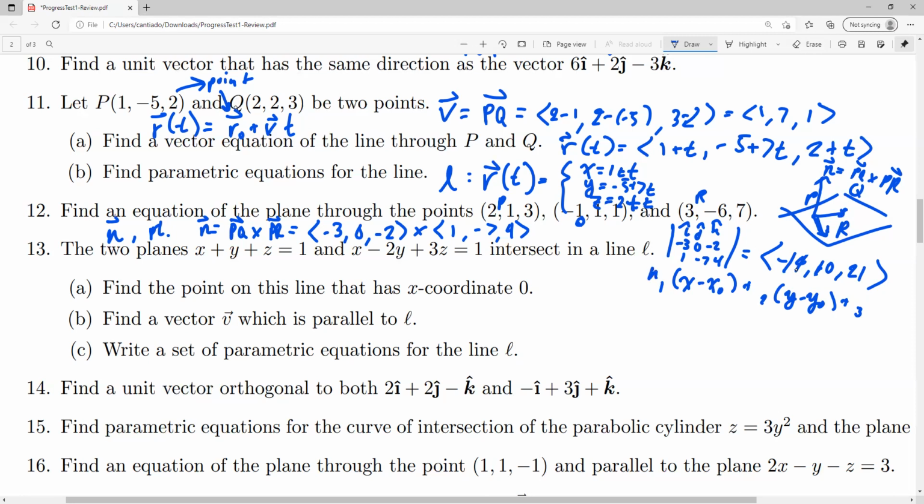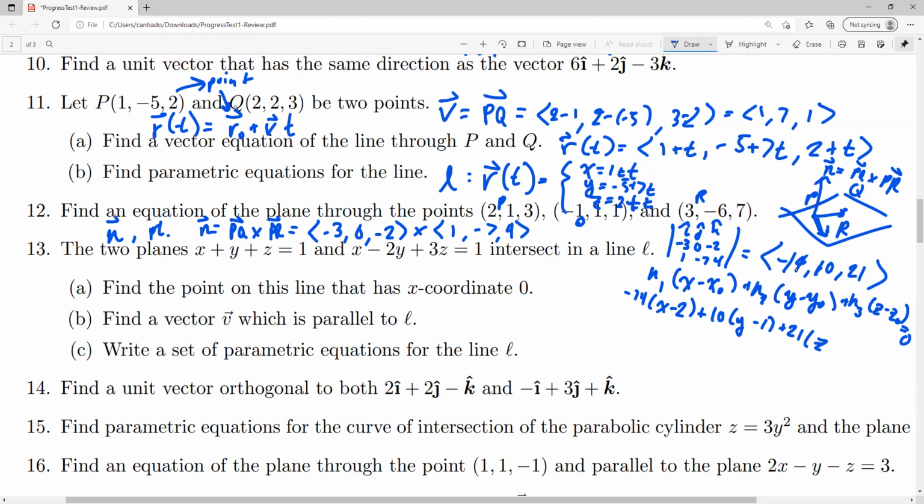If we plug everything in, we'll have -14 times x minus 2, letting point P be our x naught, plus 10 times y minus 1, and then plus 21 times z plus 3.